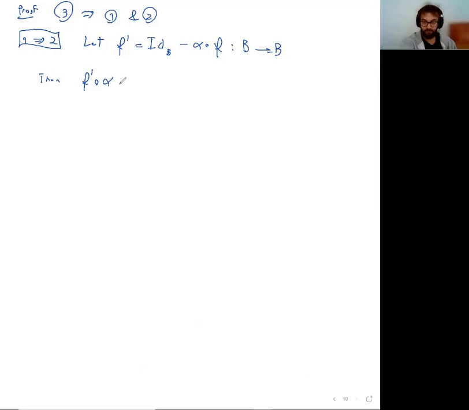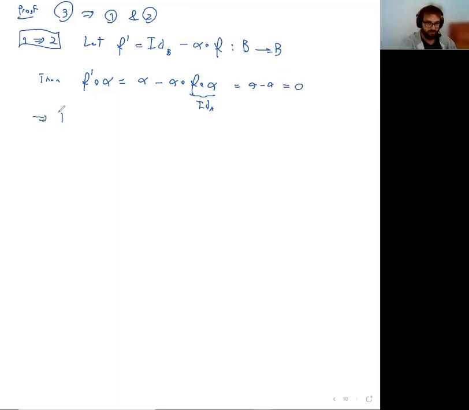This is a map now from A to B. Well, here you get alpha, and here you get alpha composed with F composed with alpha. But F composed with alpha is the identity on A, because F is the one that gives us the splitting. In particular, this is alpha minus alpha, so this is 0.